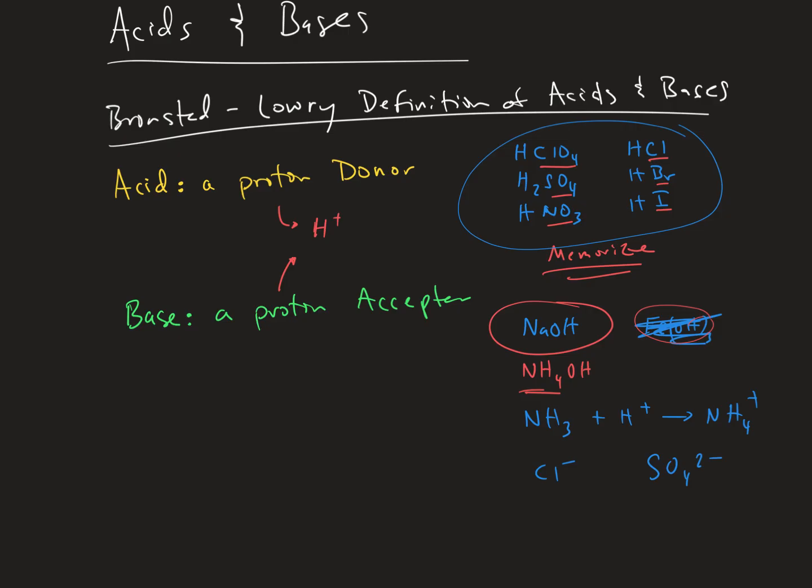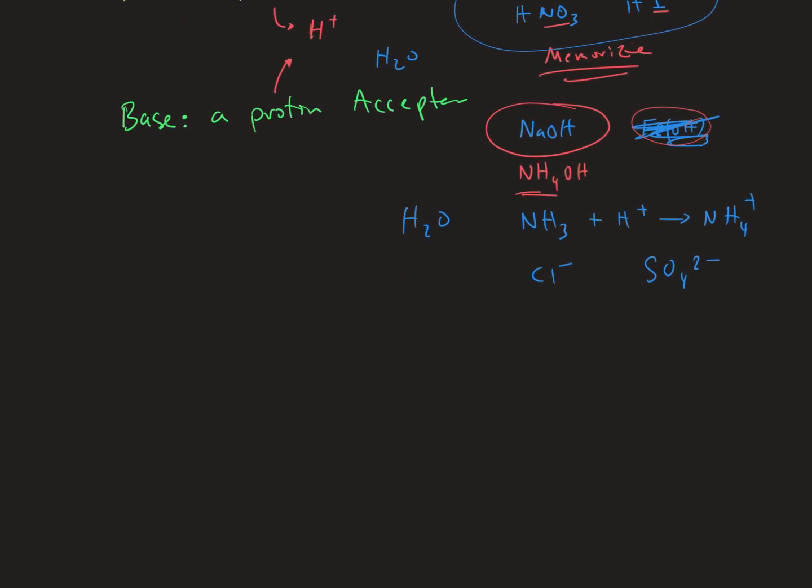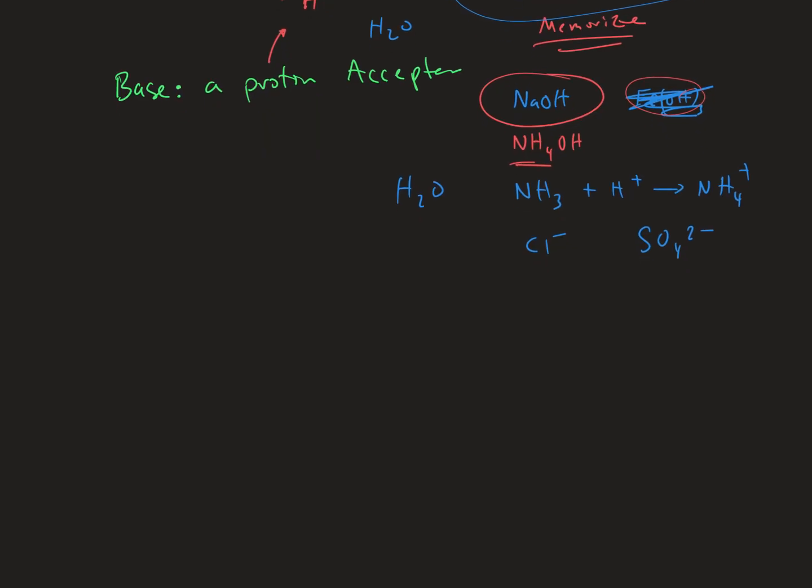So I'm going to throw a couple more out there. Water is a base, but water is also an acid. It's not a strong acid. I'll just put it right there. And when we have compounds that can be both an acid and a base, we call it amphoteric.